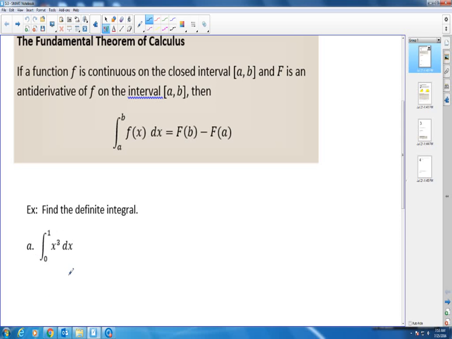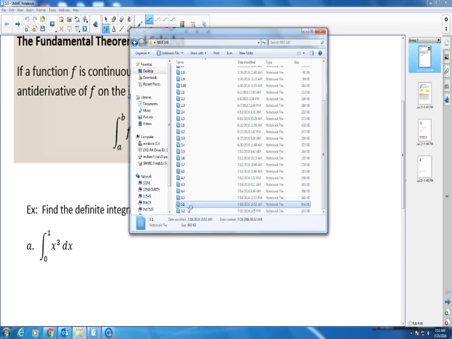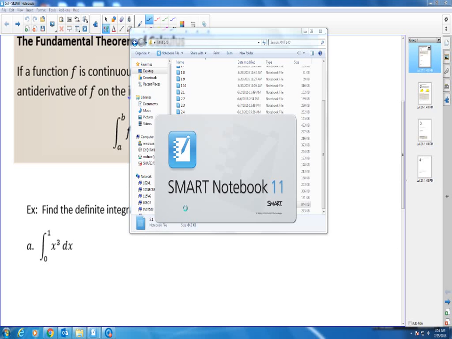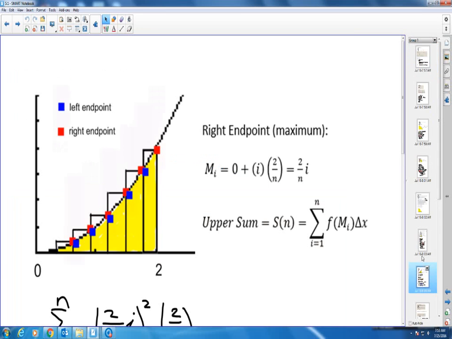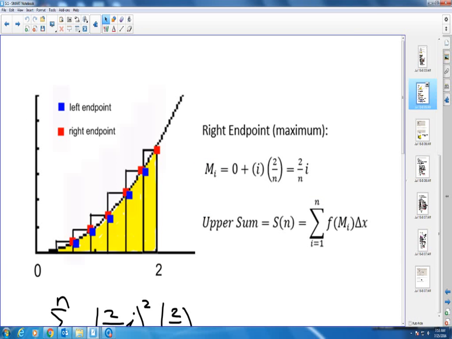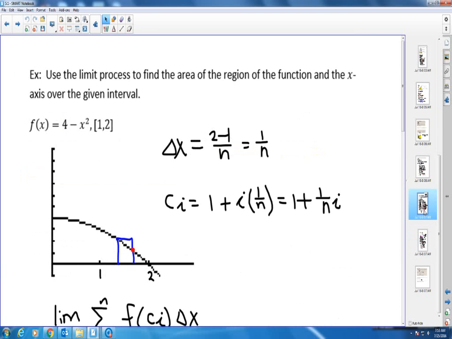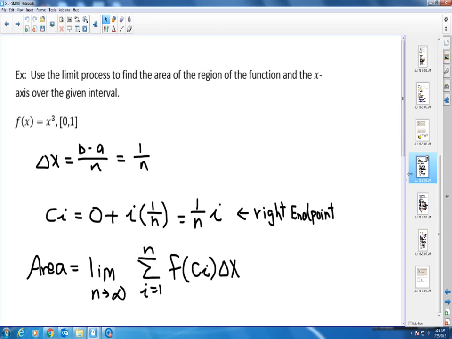Last time we did this example, x to the third power on the closed interval from 0 to 1, using the limit process to find the area of the region. Let me bring it back real quick so I can show you.